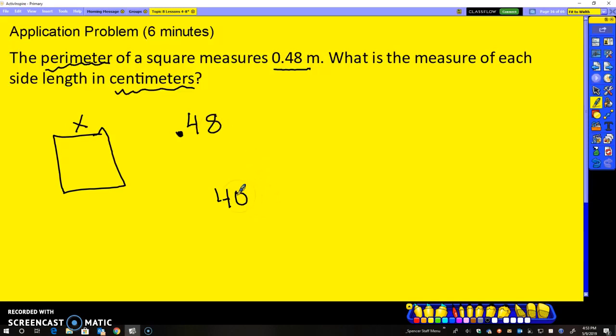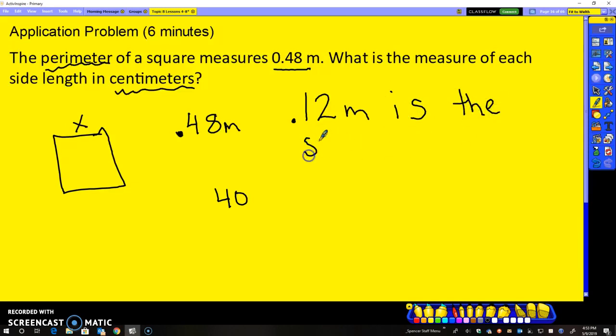So I know that it must have side lengths of 0.12 meters. With 4 side lengths, if I know the whole perimeter is 0.48, it must be 12 hundredths of a meter on one side.